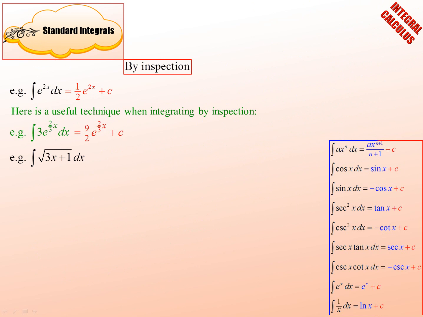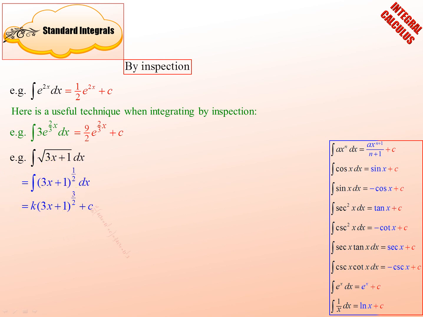Another case of this technique, that is the integral of 3x plus 1 to the half. Now I know that when we integrate something, we add 1 on, so therefore we're going to go to 1.5. So let's hope that if we have k times 3x plus 1 to the 1.5, it may come back as very near that.